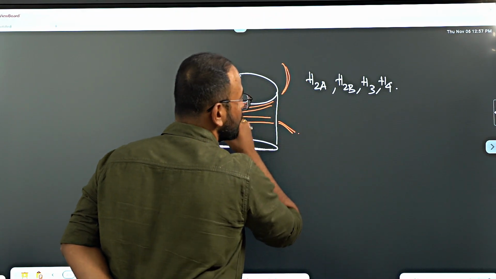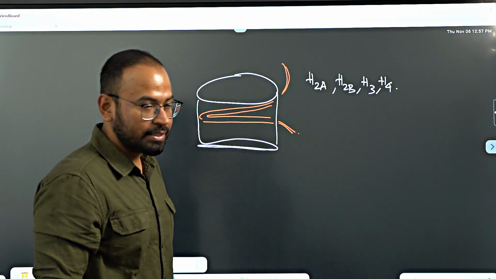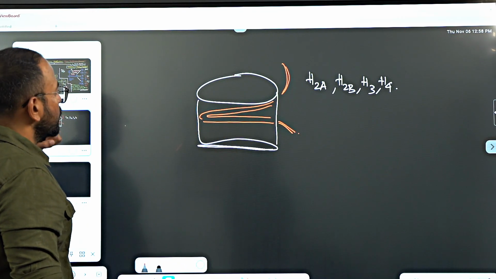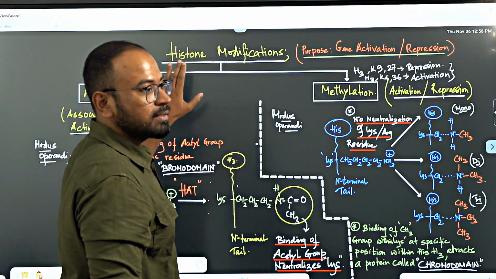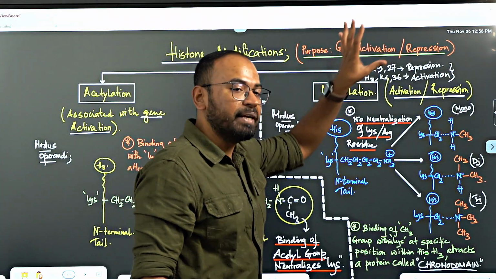In some of the books you will find 1.75 turns, but when it comes to Watson you will find 1.65 turns. Now the fact is, when it comes to modification, the main purpose of it is gene activation or repression.